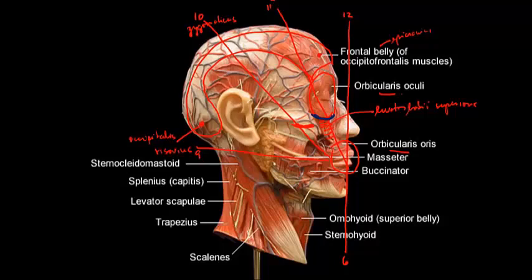And then from 9 o'clock, I'm going to go down into the muscle at 8 o'clock. Just remember, the muscle looks like a waterfall that goes down to the angle of the mouth. That's going to be your depressor anguli oris.